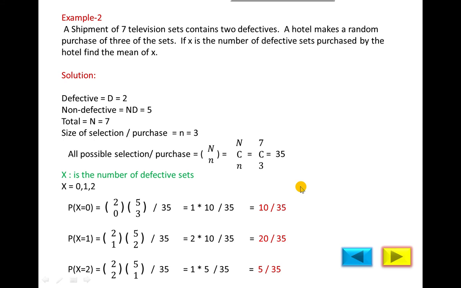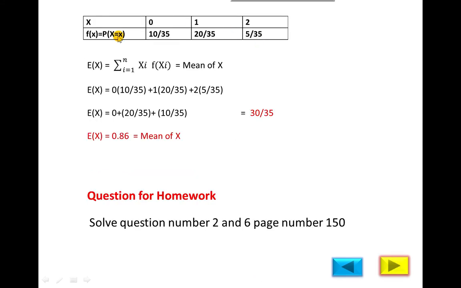Find the probabilities of different conditions: 0 defective, maybe 1 defective, maybe 2 defective, maybe less than 1 defective, maybe more than 1 defective, etc. And then find the mean of x, means E(X), mathematical expectation or expected value of x. So if you represent in the form of a table, 0 with 10 upon 35, 1 with 20 upon 35, 2 with 5 upon 35, the table is called a probability distribution table.